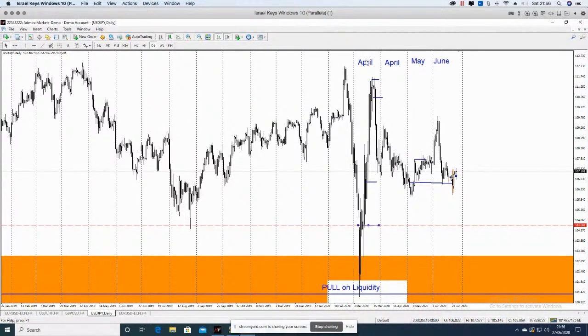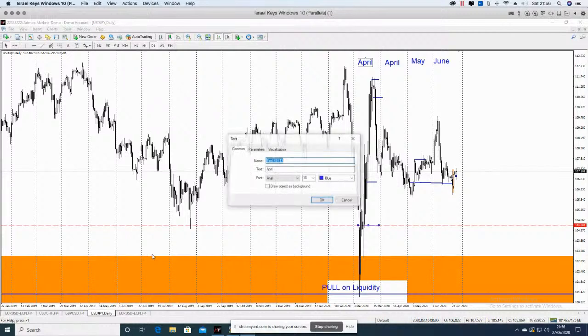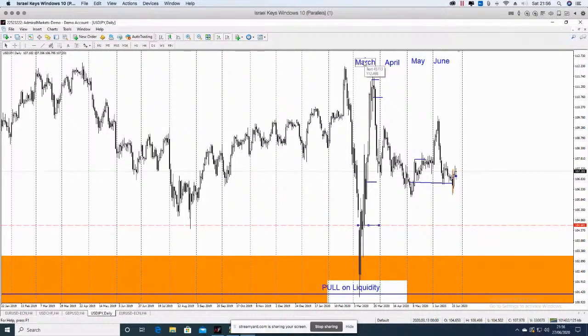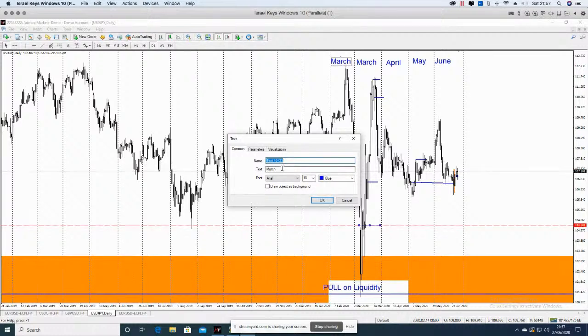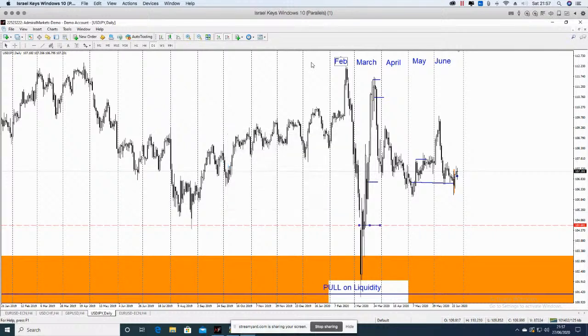That is March. That would make this February. And this would then be January.